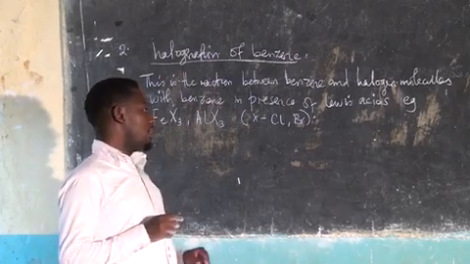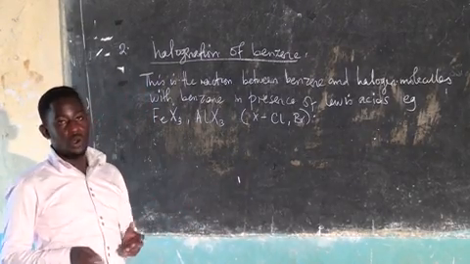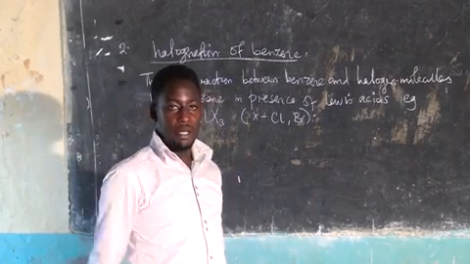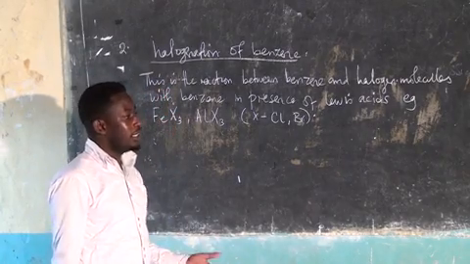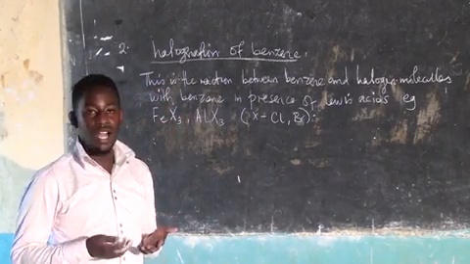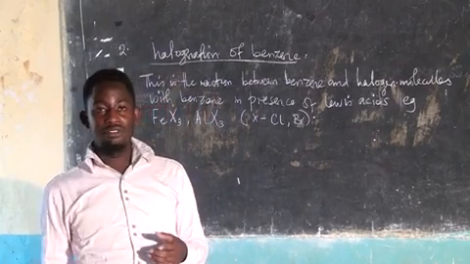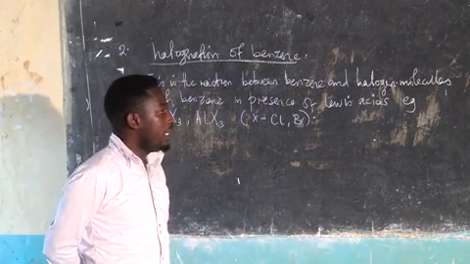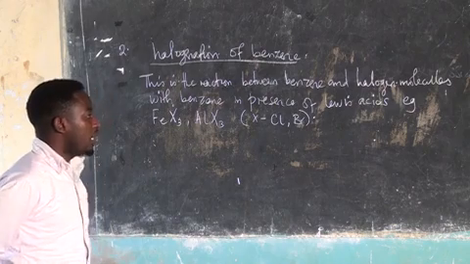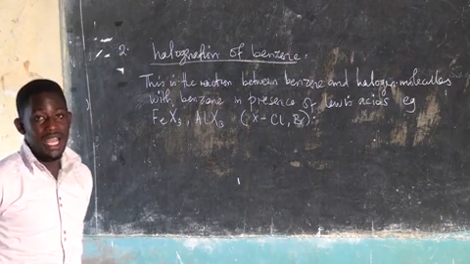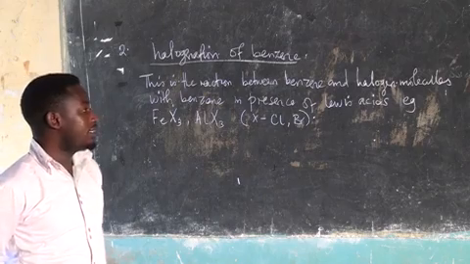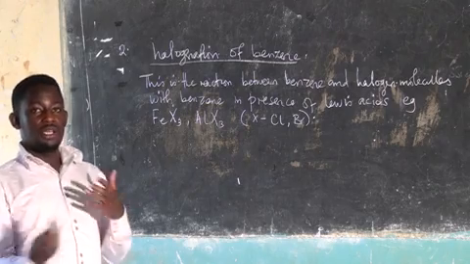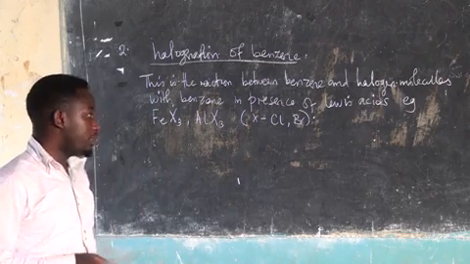So we are just going to pick out any of the examples. Remember that you can also use iron alone, but in that case it will be better to use chlorine and iron. If you are reacting benzene with chlorine in the presence of iron, remember iron will first react with chlorine to form iron 3 chloride. And that iron 3 chloride can act as a Lewis acid to facilitate the reaction.